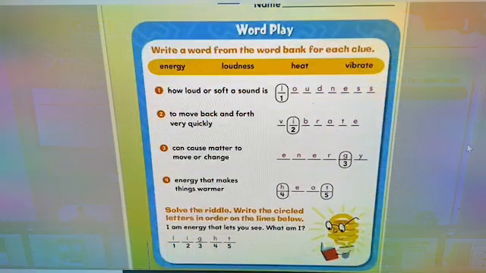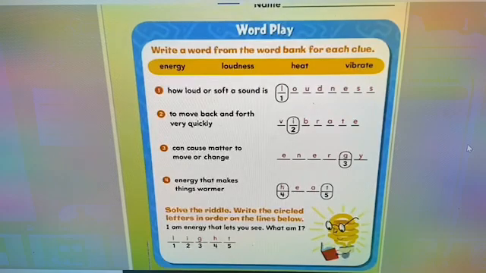Excellent. If you got it right, you have to put a big star next to your name, all right? Or next to your answers. Now, how loud or soft a sound is? Definitely, it's loudness. And when something moves back and forth very quickly, it vibrates and can cause matter to change or move.